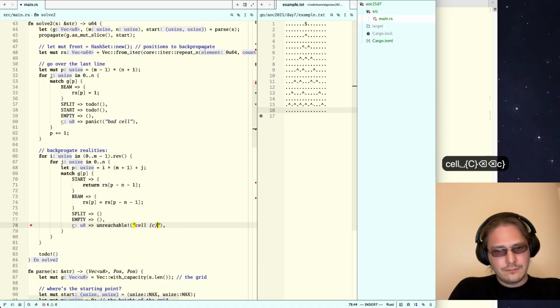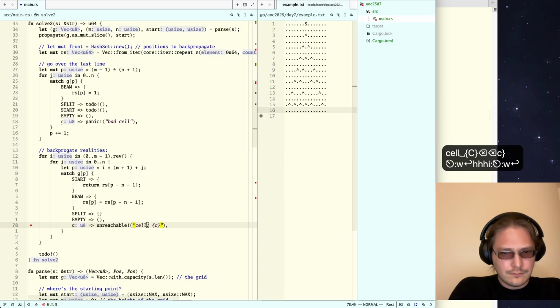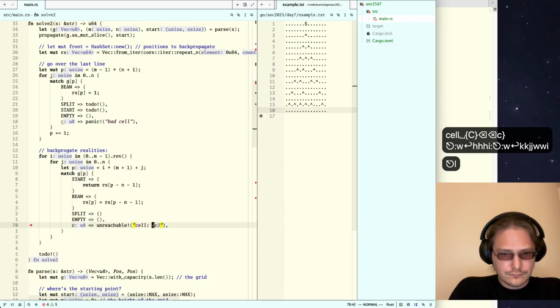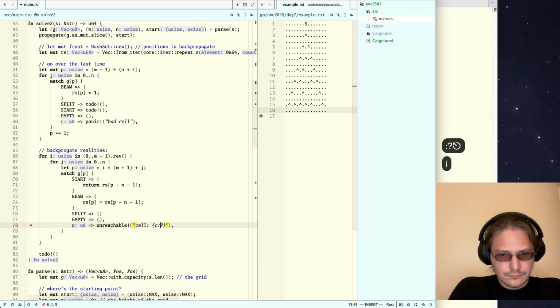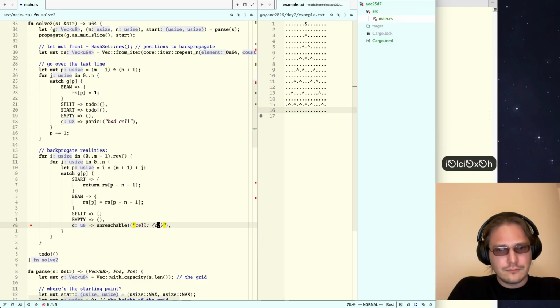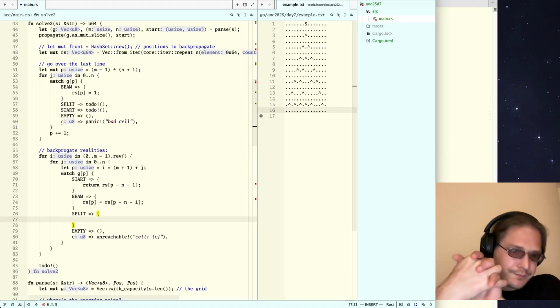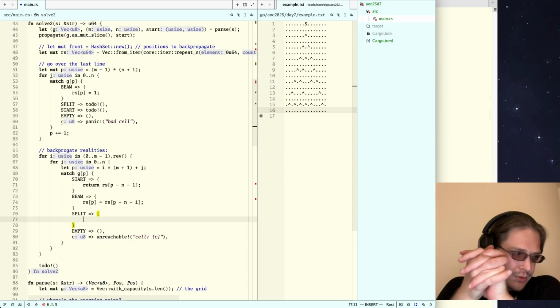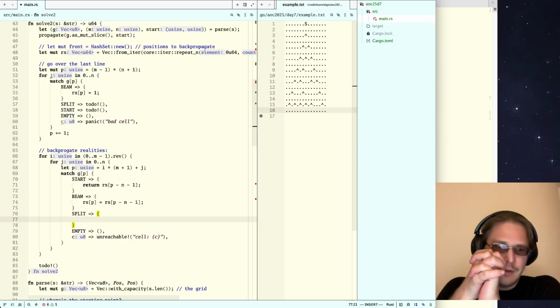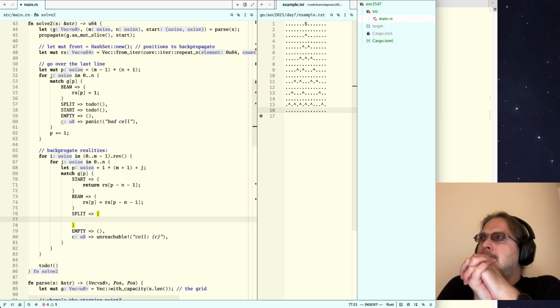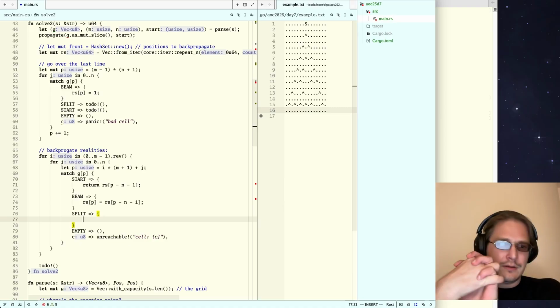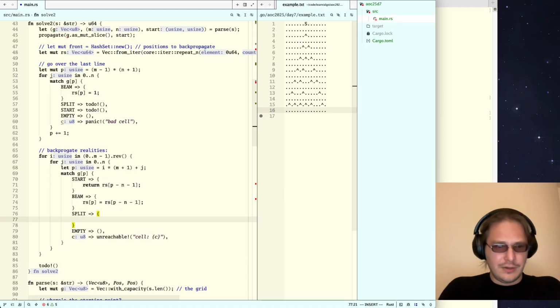So whatever. If we encounter a split, that means that we should add the number of realities at i plus 1, j plus 1, and i plus 1, j minus 1.